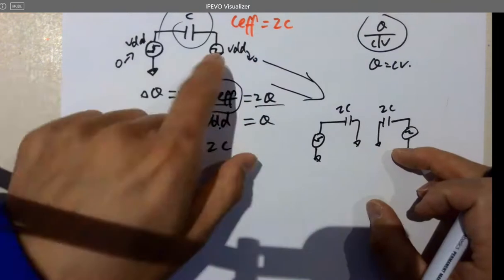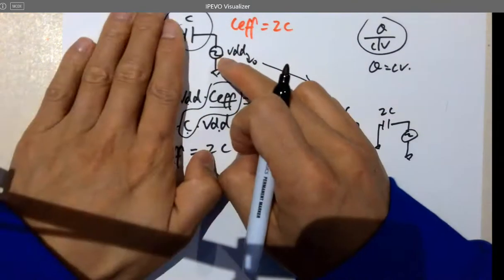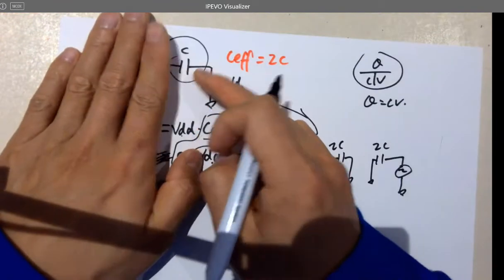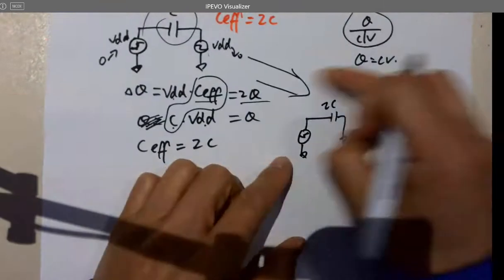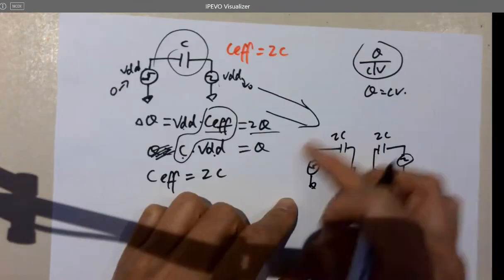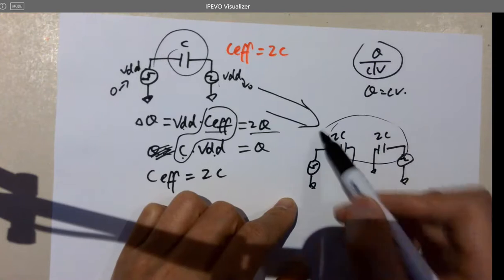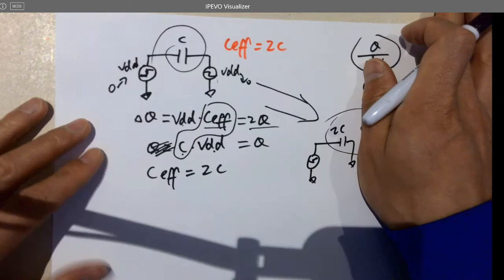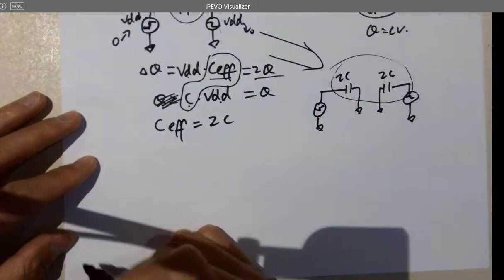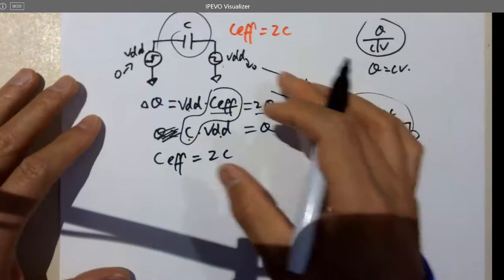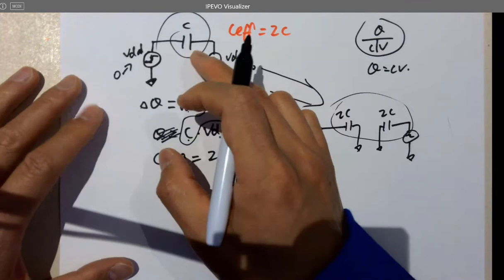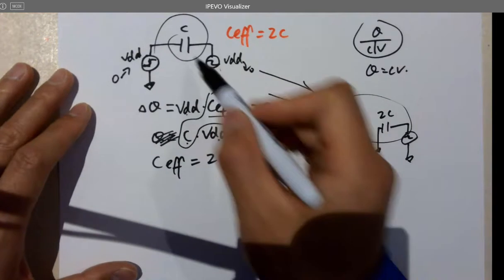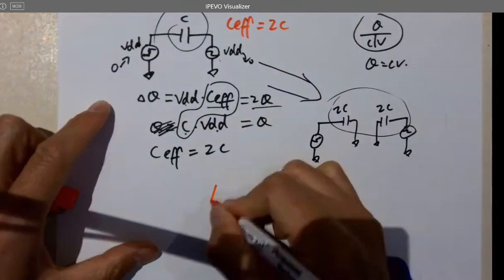So for every individual source, this guy is 2C to charge and discharge instead of C. But when you are looking at the overall cap here, it's not adding them up together. It's still 2C. This is just for each voltage source. The reason we have to model the cap in that way is because there are parasitic capacitance in MOSFETs. And this effect is called the Miller effect.